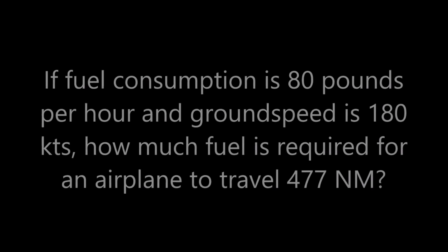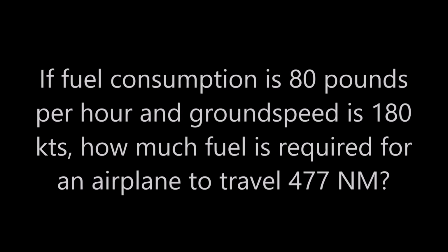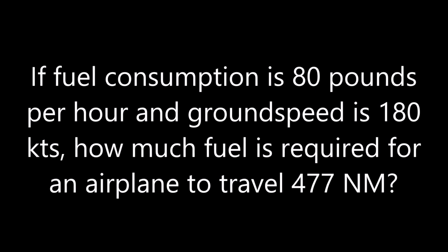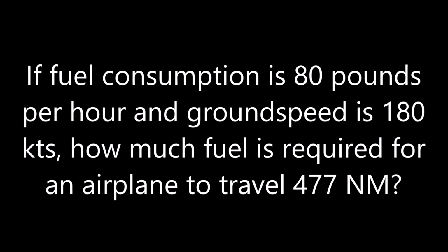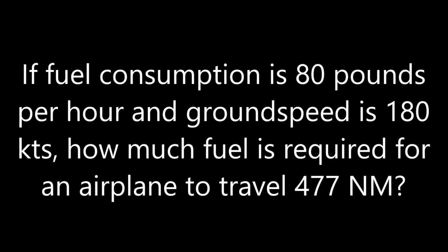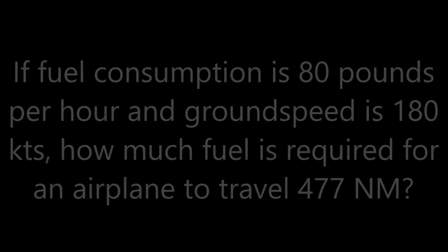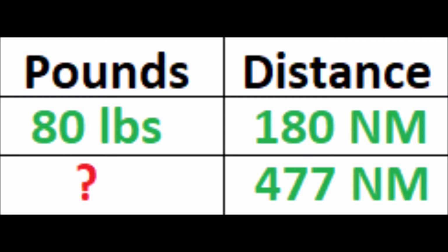The question says, if fuel consumption is 80 pounds per hour and the ground speed is 180 knots, how much fuel is required for an airplane to travel 477 nautical miles? We know 80 pounds of fuel are used in 180 nautical miles.